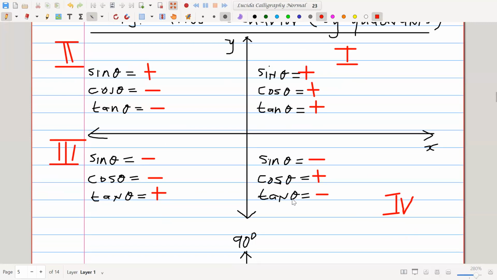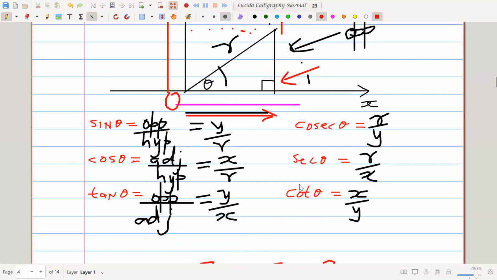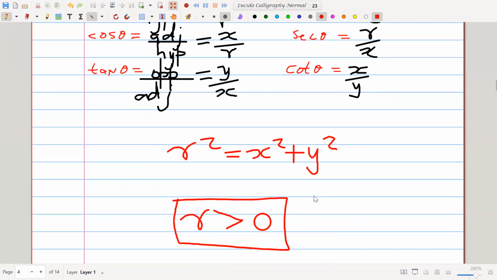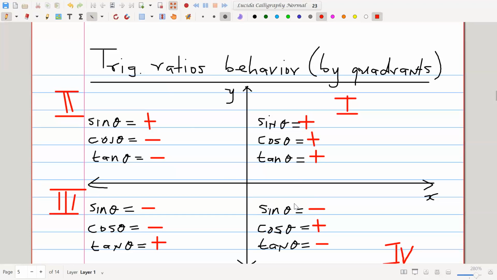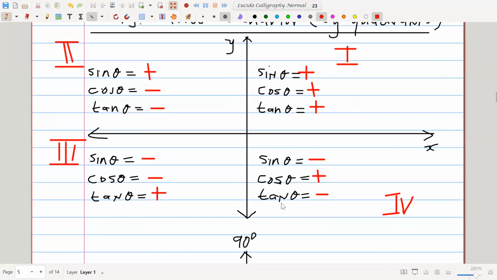This also applies to their reciprocals. What are their reciprocals? We go back quickly. We talk about the cosec, sec, as well as cot. So if you happen to find that in the fourth quadrant the cosine is positive, it simply means even the secant, which is the reciprocal of cosine, is also positive.